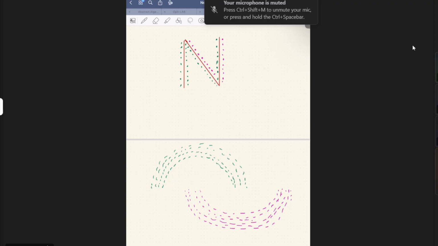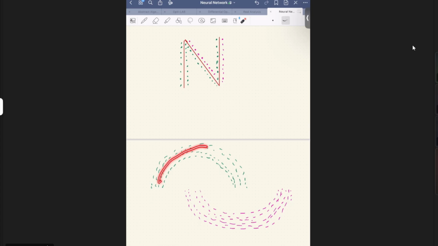How many neurons are required to separate these two sets of points in 2D? This is a simple line separation, but the data is sitting in a different structure. It's not just a group of points. There are some points in this arc and some points in this arc.